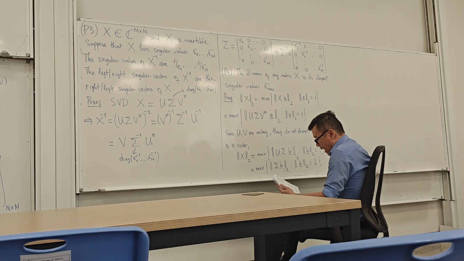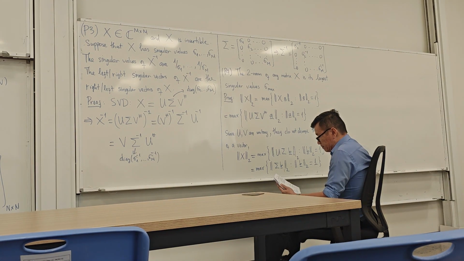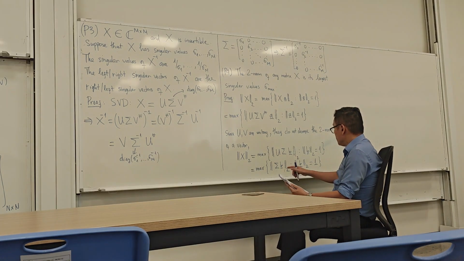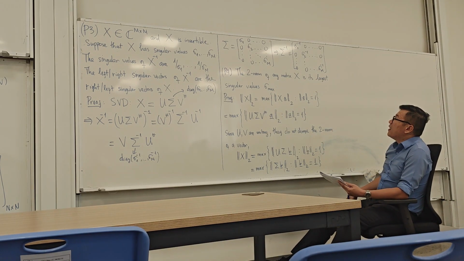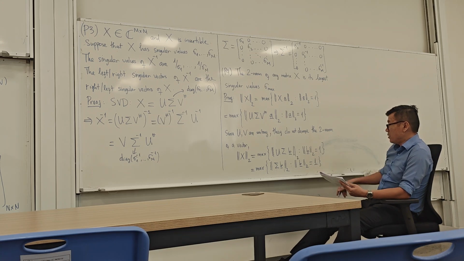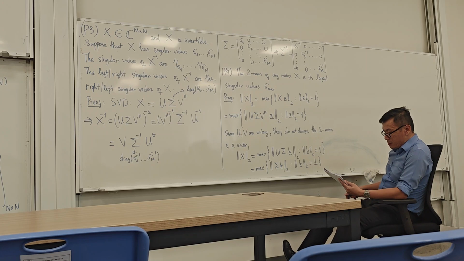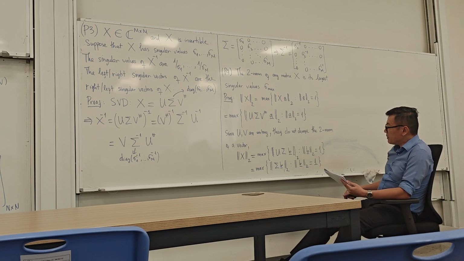What else? I stop there, but I need something more. Sigma B. Then we have to understand what is here: the L2 norm of sigma B. How can it become sigma max?